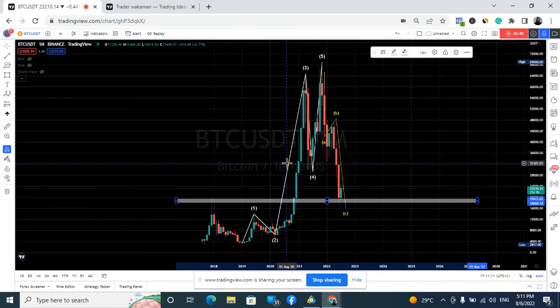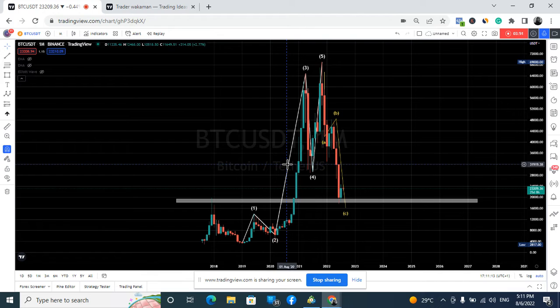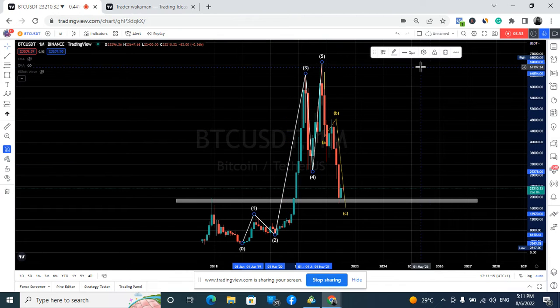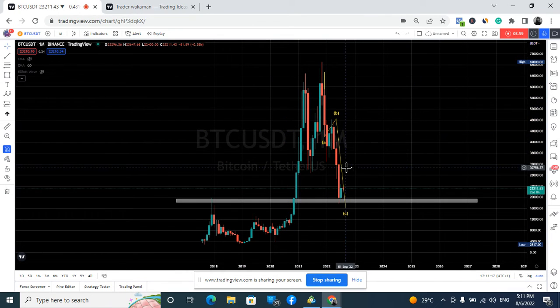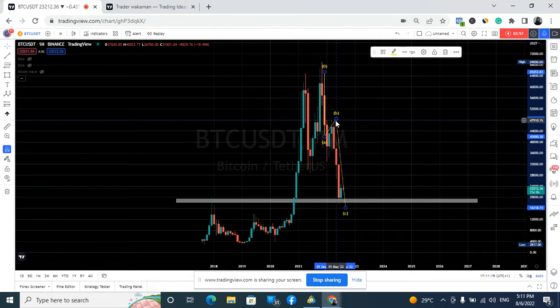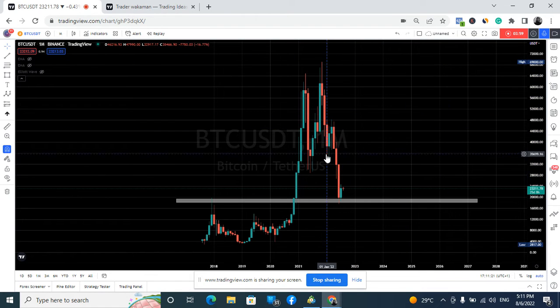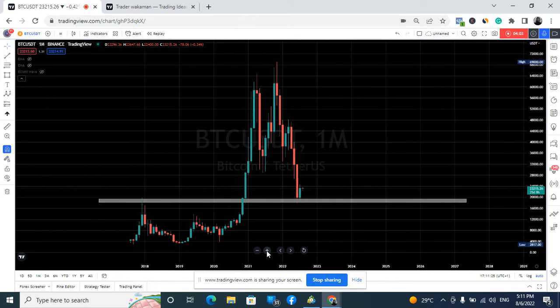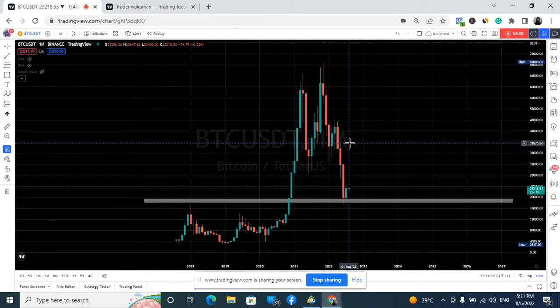And what we are expecting in this zone is for the market to continue the bullish movement, though it can consolidate here for a while.